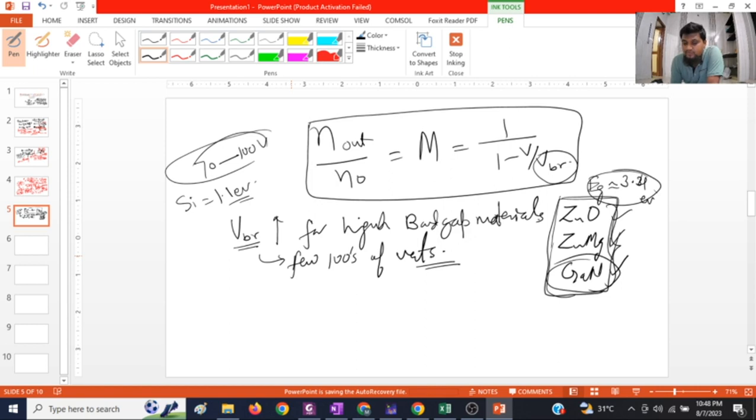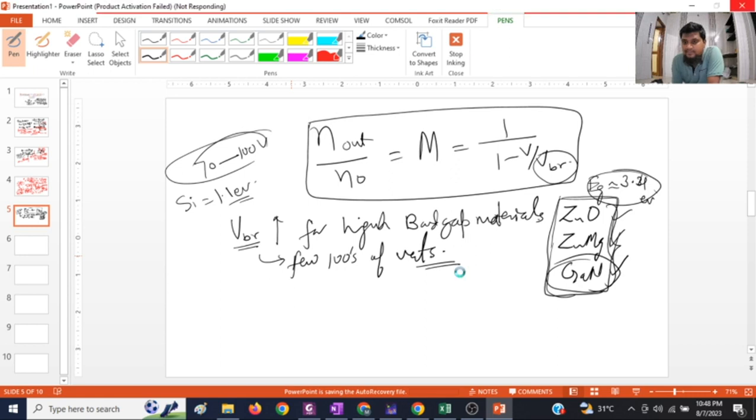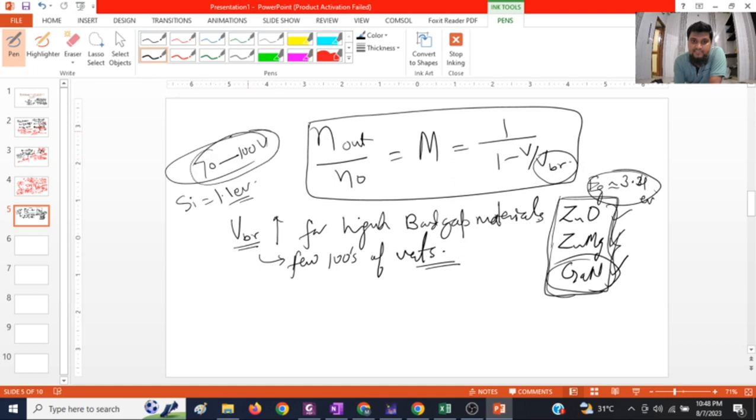Because of so many fluctuations in electric fields, it might create a 60, 70, 100 volts change. So the silicon devices will not work over there, or their reliability is very low. So to increase the reliability of electronic circuits for space applications, where the radiations are quite high, we generally go for these gallium nitrides.